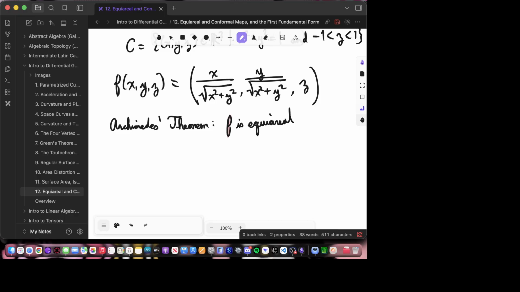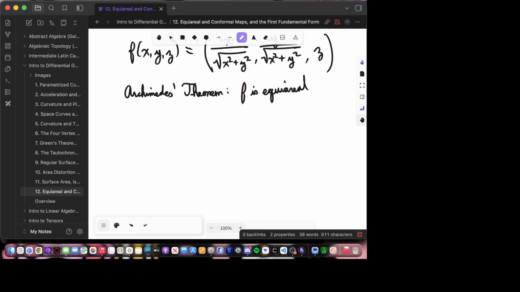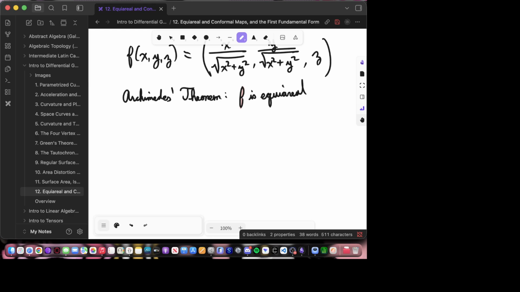So now what we can do is we can discuss, we just have to show that the area distortion is equal to 1.